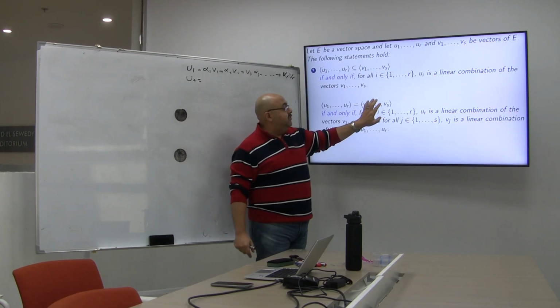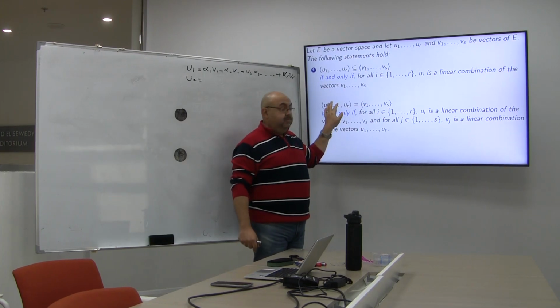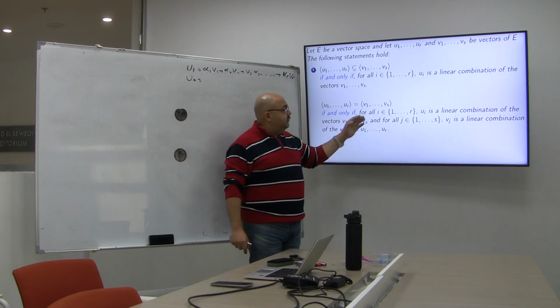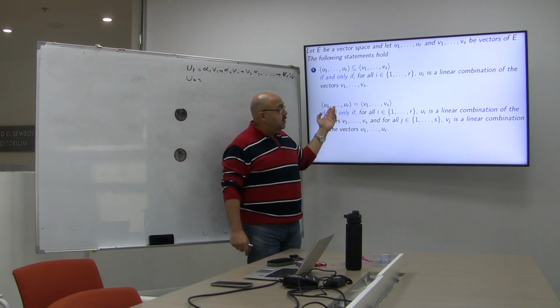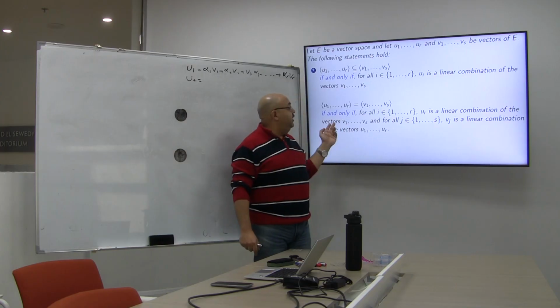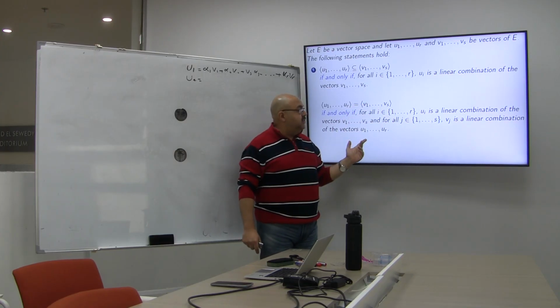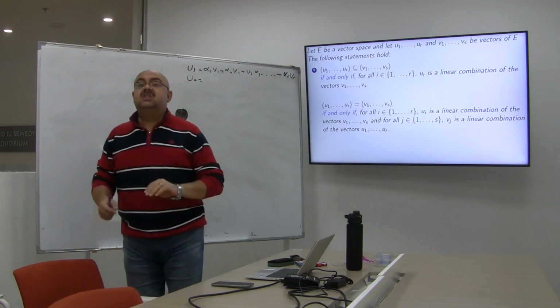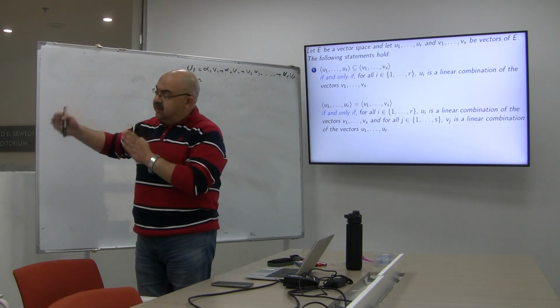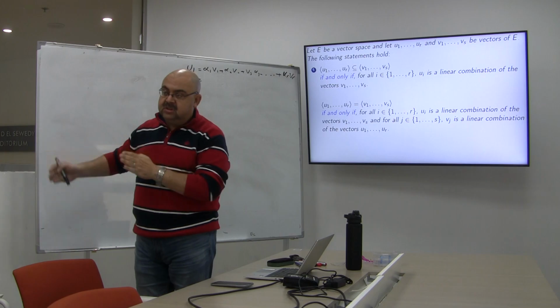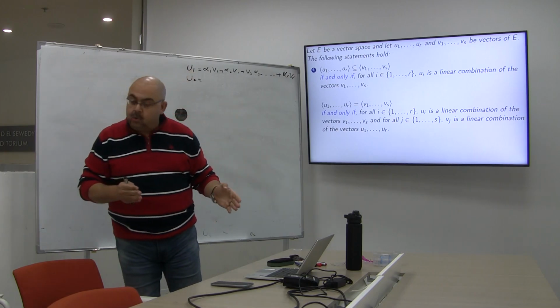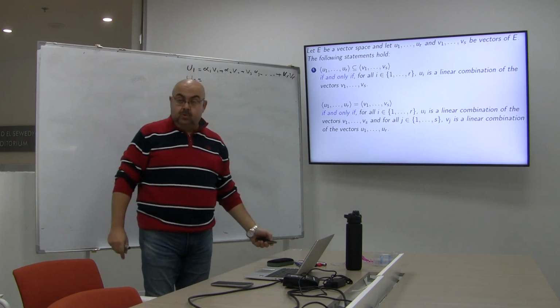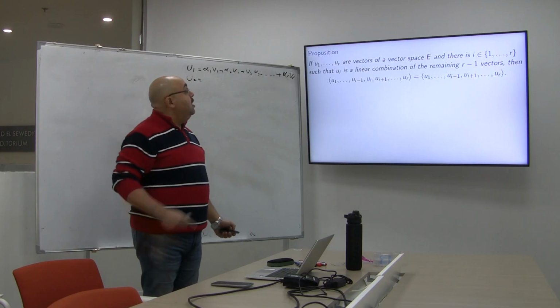The vectors from V can also be generated from U. Also written here, if and only if for every i, every vector in here can be generated as a linear combination from this set, and vice versa for every vector in V from U. This is when you say that this group of vectors is exactly equal to that group of vectors, and both of them belong to a certain vector space.